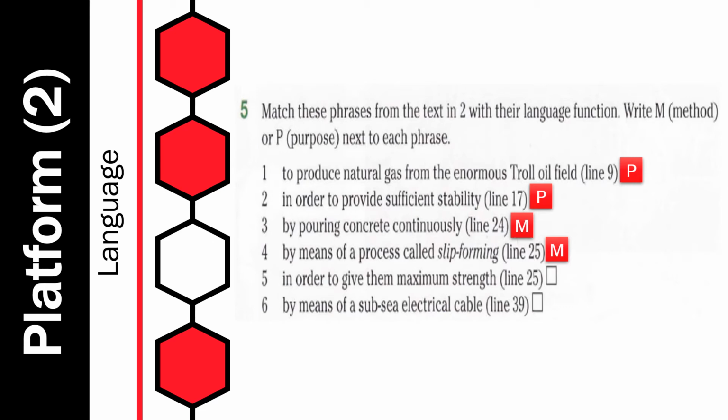Number 5, in order to give them maximum strength. Because the sentence starts with in order to, it expresses purpose. And number 6, by means of a subsea electrical cable. So here the sentence starts with by means of, so it expresses method. Well done, my students.